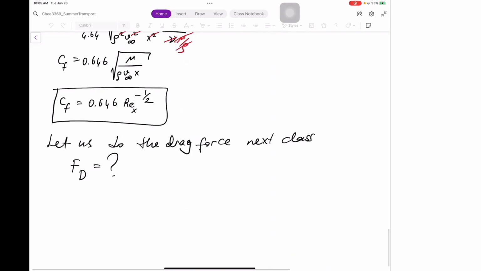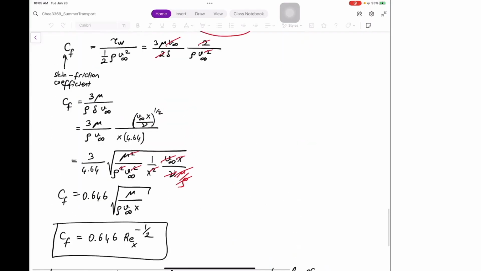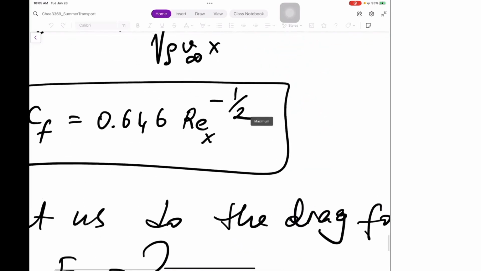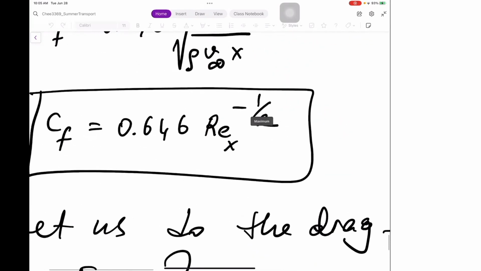Now we actually said, let us find the drag force now, right? So that's what we're gonna do today. And here, when we say drag force, we're gonna do a similar thing, but the CF, as you can see here, the skin friction coefficient is a function of x.